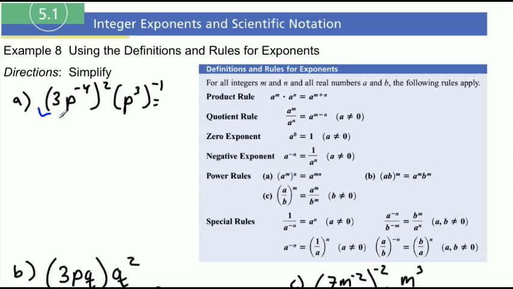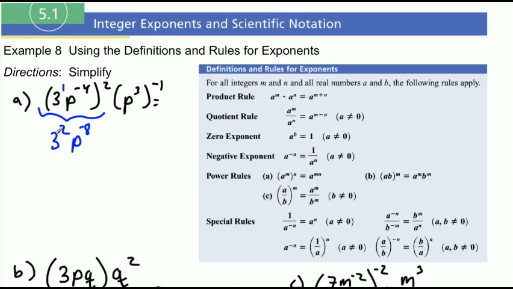So I'm just going to first work with this part right here. Okay, so if I have my exponent out here, then I'm going to be applying my power rule. So I'm just applying this guy right here. So now this becomes 3 to the power of 2 times p to the power of -8. Okay, so I just multiply 1 times 2, -4 times 2.